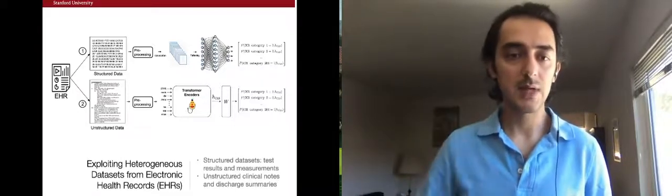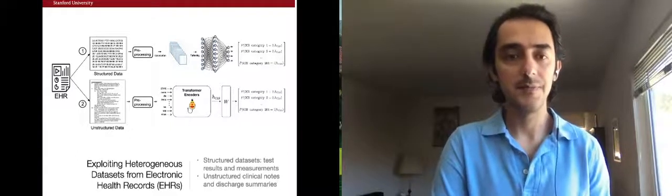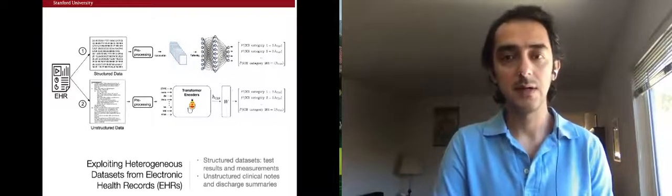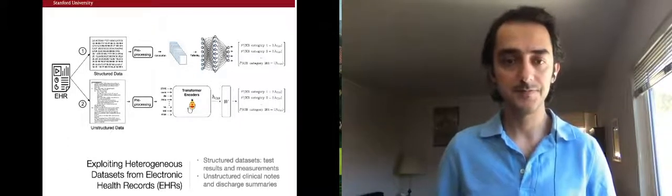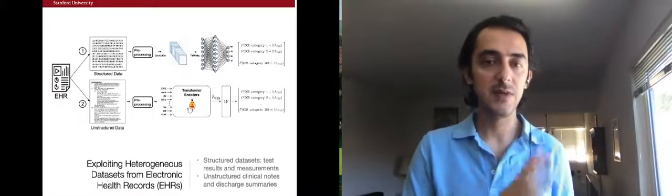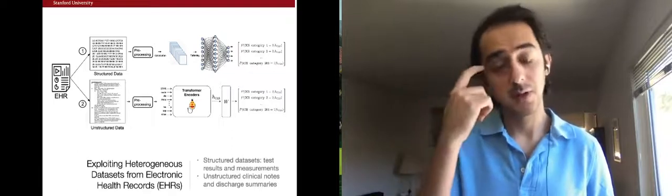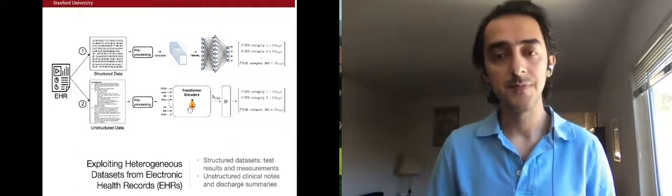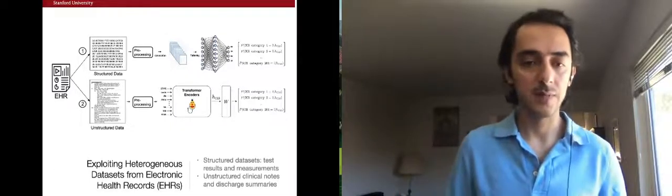And at the bottom part of this figure, you can see an example of an unstructured data set. This could be clinical notes and discharge summaries. We pre-process both of these data sets and feed them through neural network models and compare their performances to see which model does a better job at predicting the health conditions.